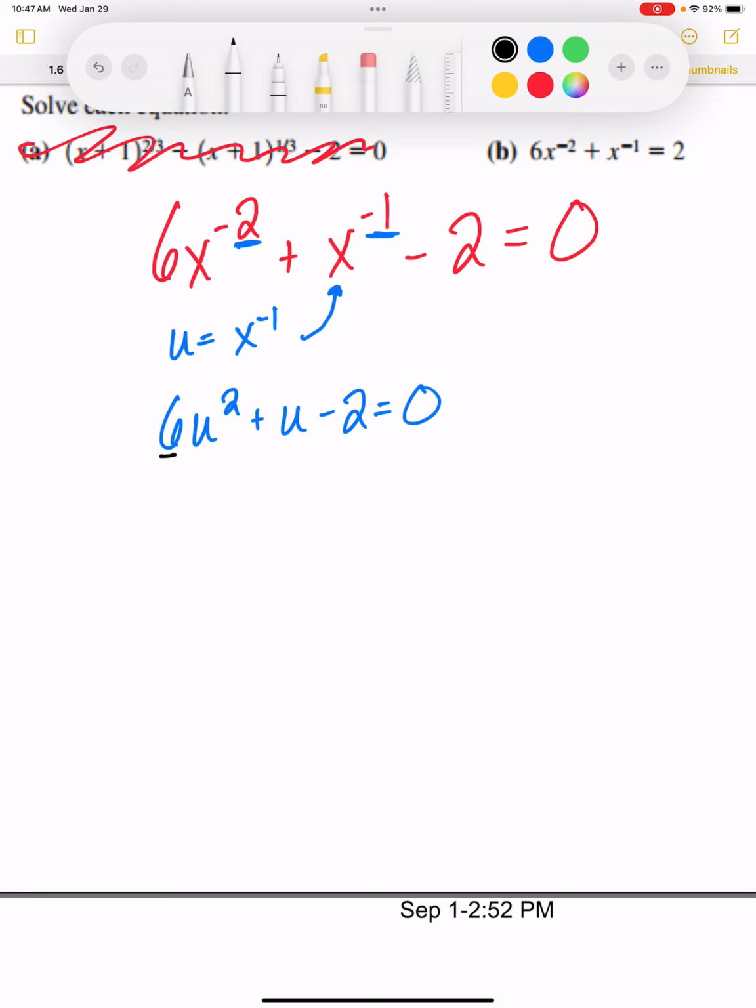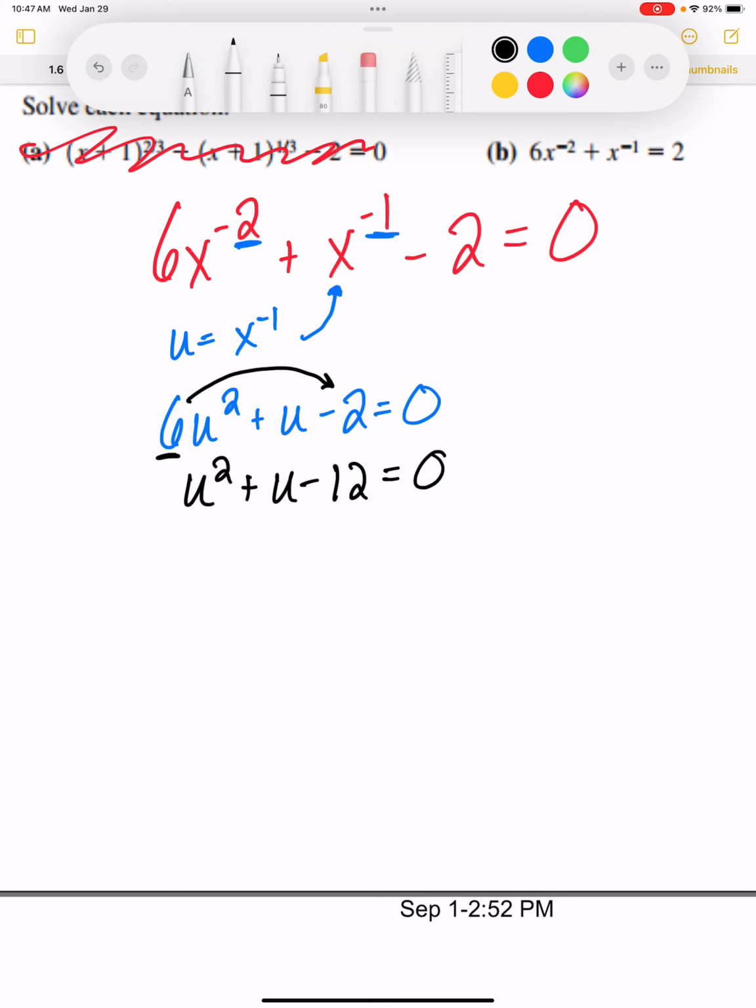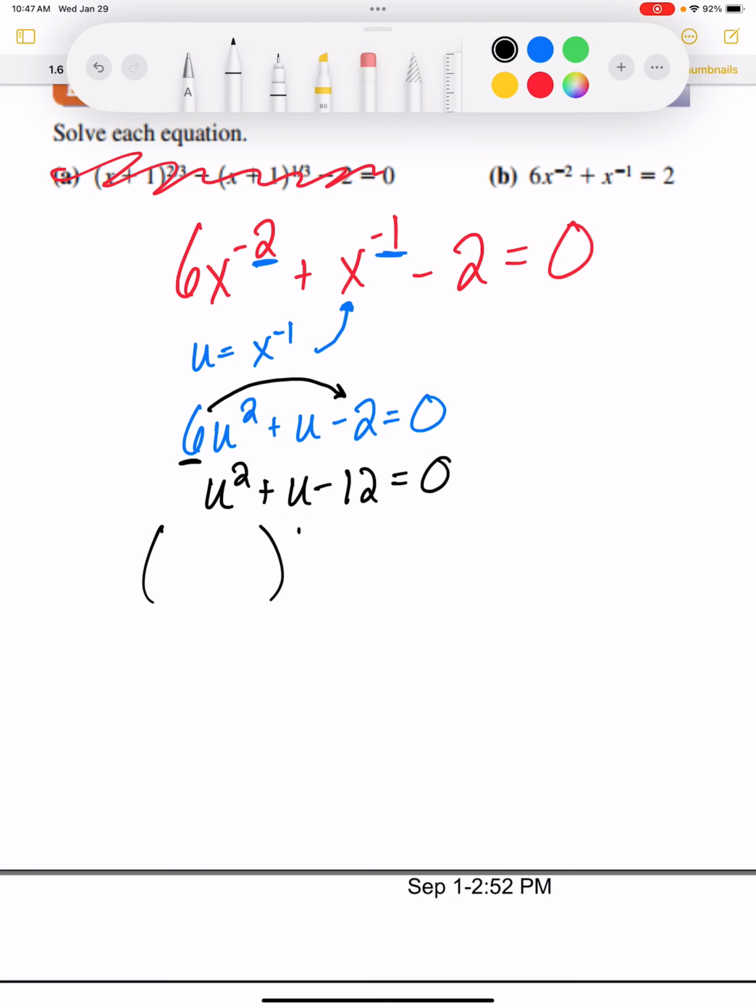Since this has a leading coefficient that is not 1, my little factoring trick is to multiply this by the last term, and then I get u squared plus u minus 12 is equal to 0. Now I would say, all right, two sets of parentheses equal to 0. u times u is equal to u squared.